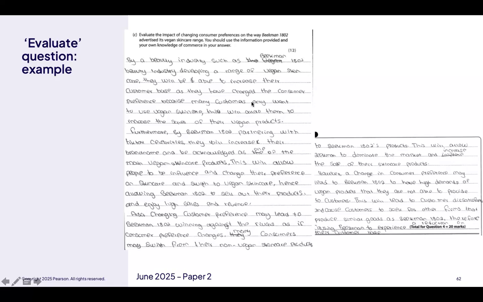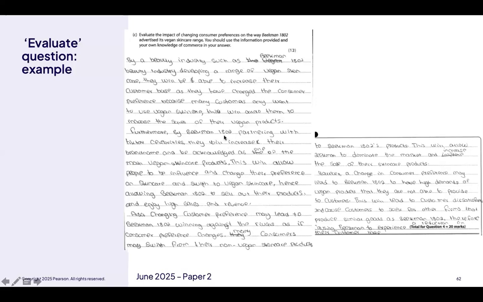So what they're saying, beauty industry such as Beekman 1802, beauty industry developing a range of vegan skincare, they will be able to increase their customer base as they have changed the customer preference because customers only want to use a vegan skincare. This will allow them to increase sales of their vegan products.